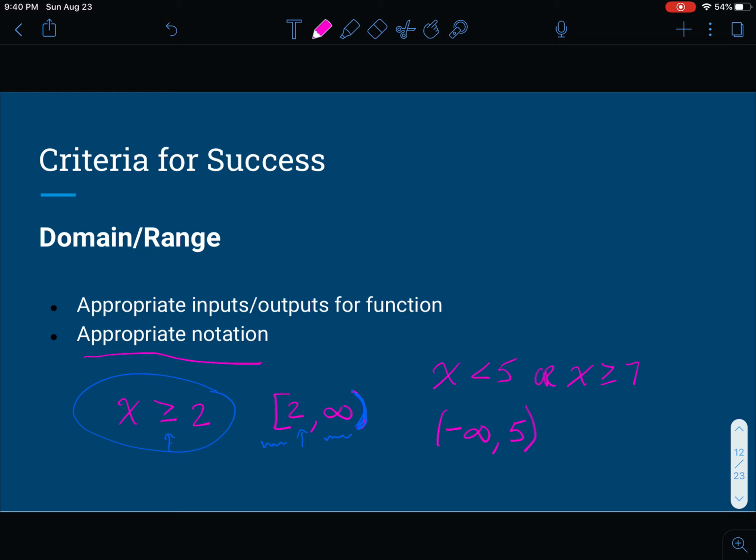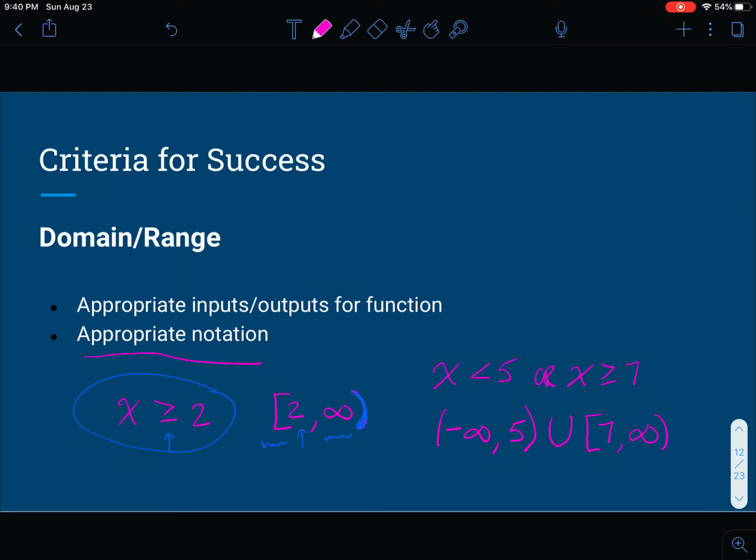There's no equal to. What we're going to do is use this U symbol as a union, and then the second part says x is greater than or equal to 7. So that means we're going to use a bracket for 7 and go all the way up to infinity. So these are some of the new notations you will get used to seeing.